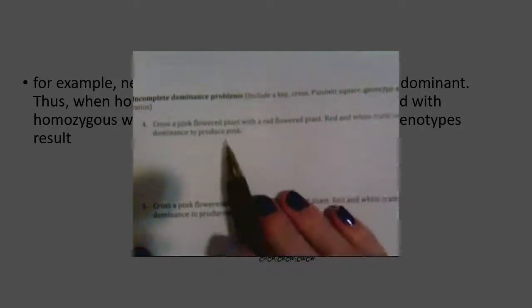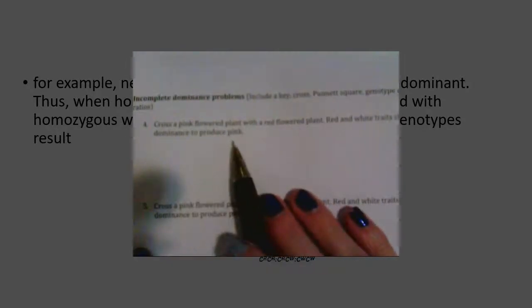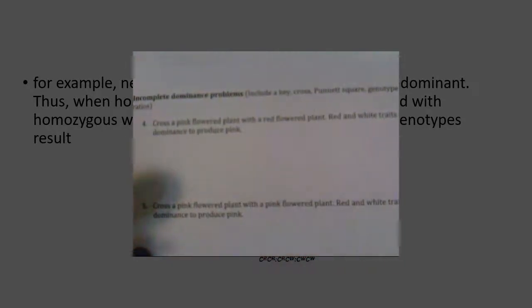So now we're going to set up an incomplete dominance Punnett square. Make sure you include a key, what your cross is, and the genotype and phenotype ratios. So this first one is a pink flower plant with a red flower plant, where red and white traits show incomplete dominance to pink. So when we're doing incomplete dominance, we are going to use two different letters.